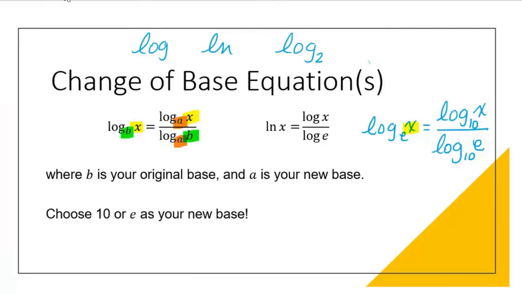Originally, we're asked to take the logarithm of x to the base e. If you'd rather not use ln, in other words, you can change the base. So now you're going to take the logarithm of x to your new base. Don't like e, your only other option really is base 10. So we're going to take the logarithm of x to the base 10. We then divide that by the logarithm of our previous base, also to base 10.